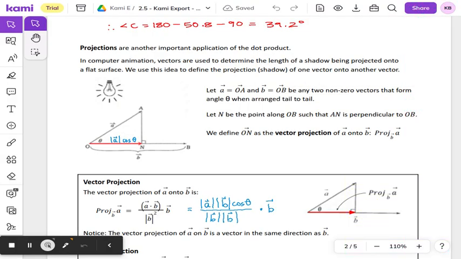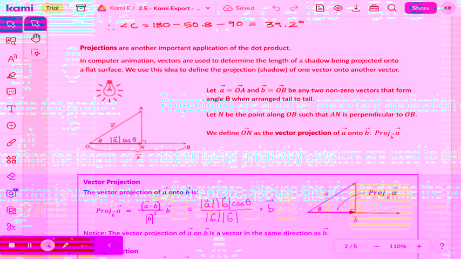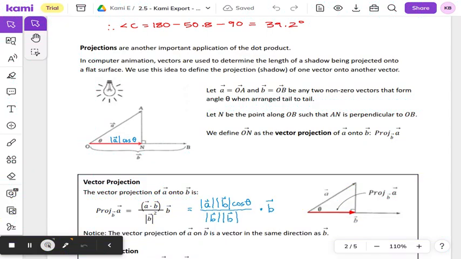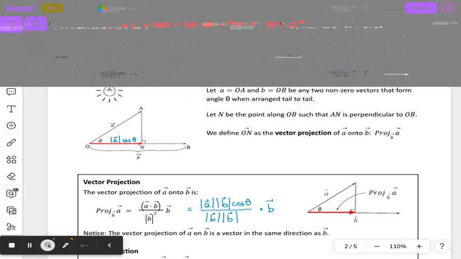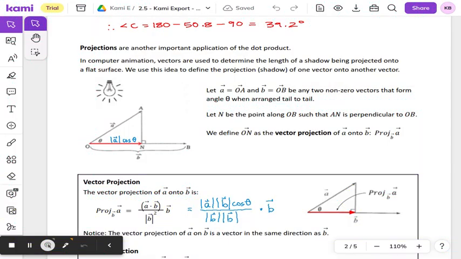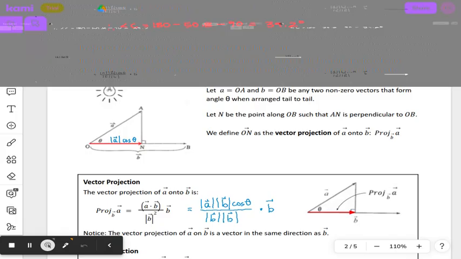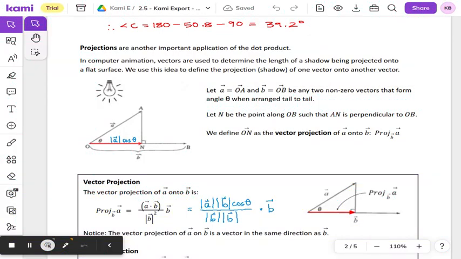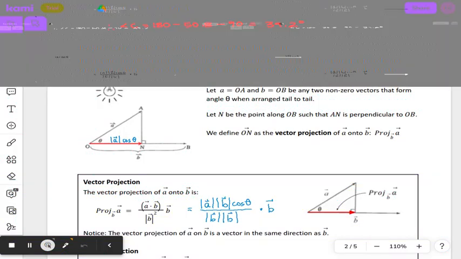And if you were to identify the magnitude of that vector, by using our cosine law, it would be the magnitude of A cos theta. So that's the magnitude.